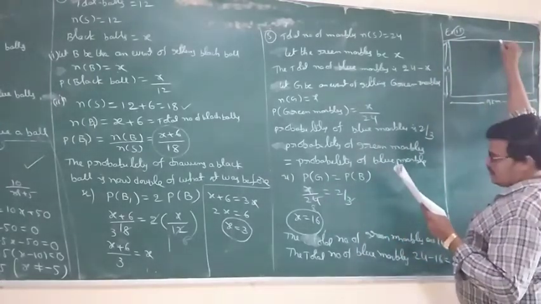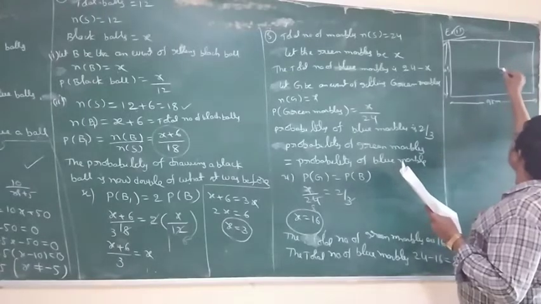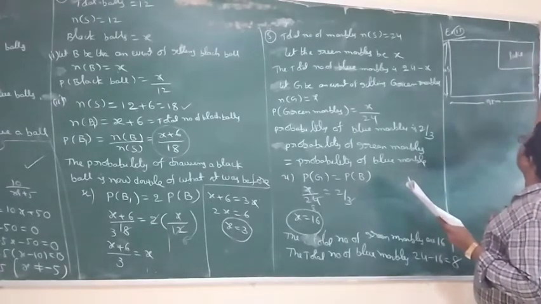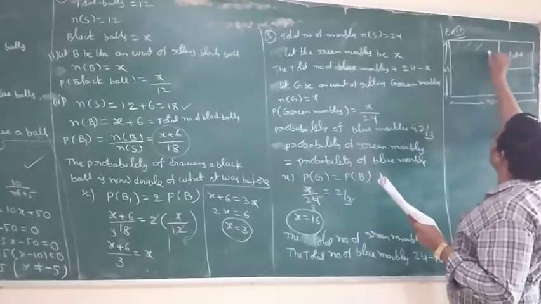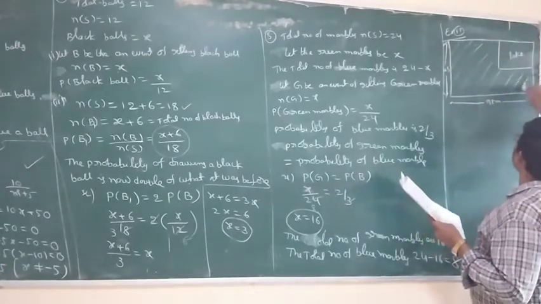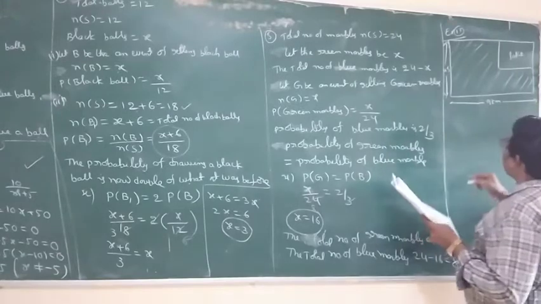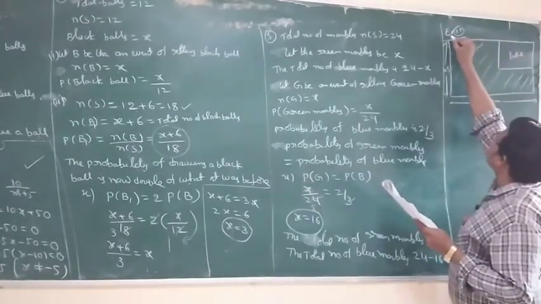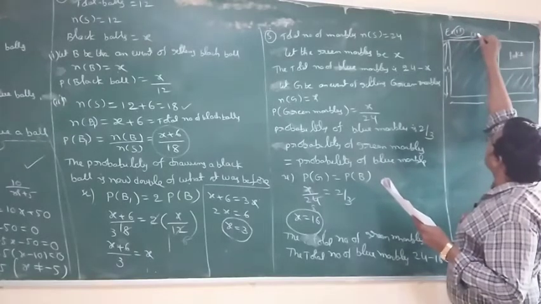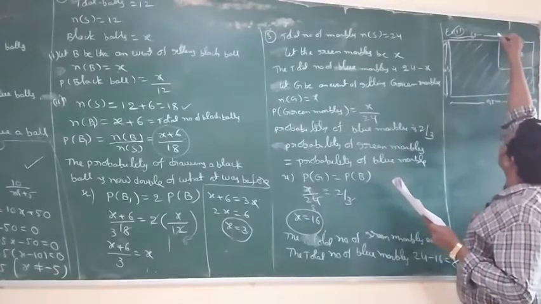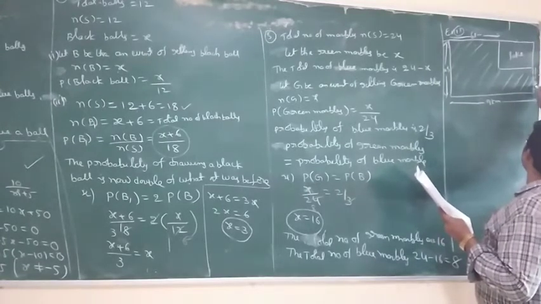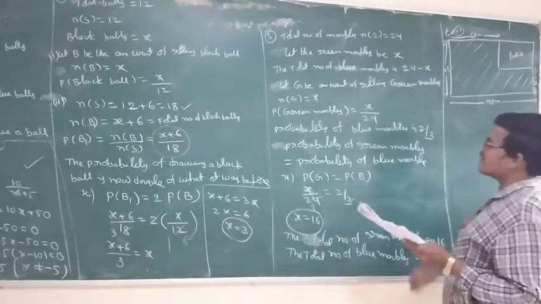Some part is lake. This is the lake. This is the forest or something. Before the lake, this is 6 kilometers, only up to this one. This is only 2 kilometers. This is the given data.